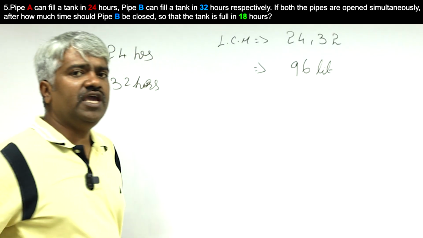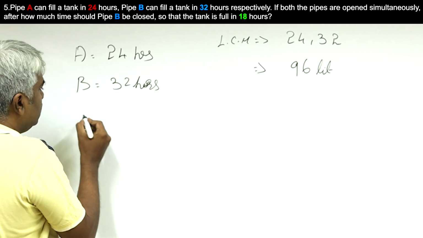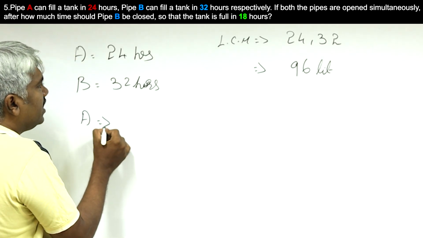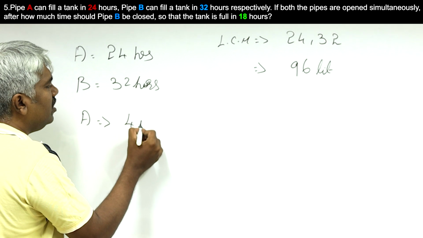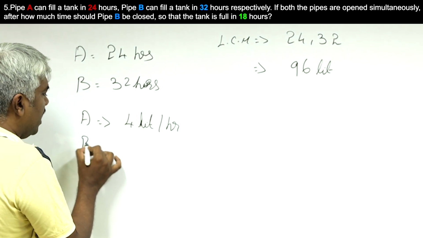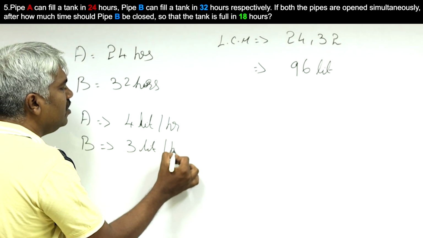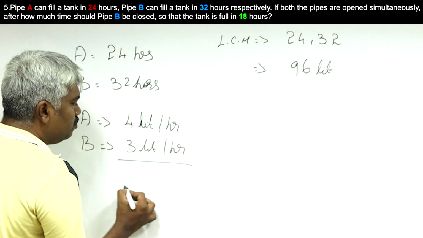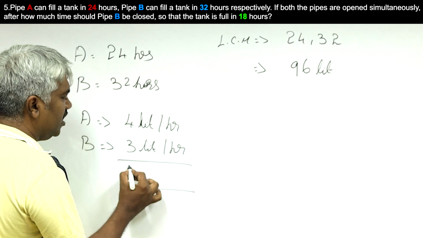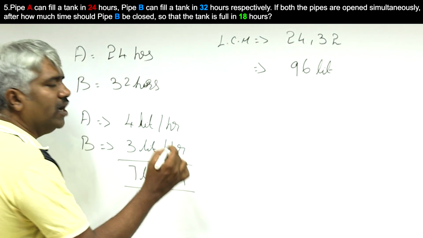So, let us assume the capacity of the tank is 96 liters, right? Now, pipe A can fill 4 liters in 1 hour. Pipe B can fill 3 liters in 1 hour. When both the pipes are open together, they can fill 7 liters in 1 hour.